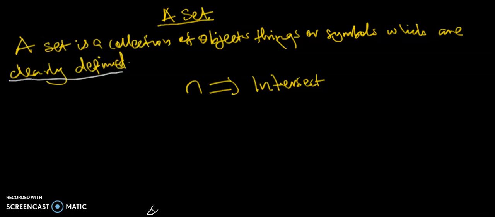When you have this, it simply means union of the sets. We have a symbol for proper subset. This means proper subset.